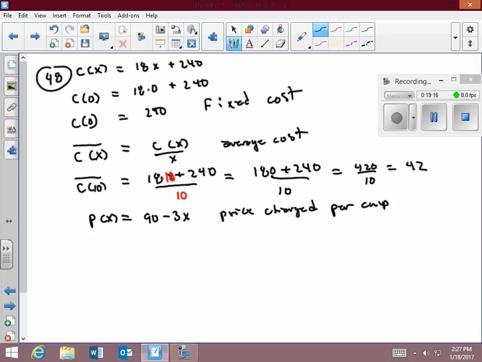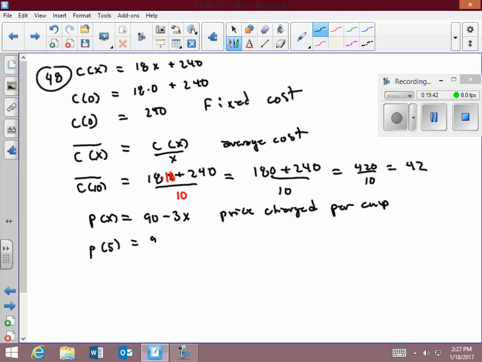So in that sense, if you knew how many you were going to sell, you would know what to price it at. Does that make sense, what I'm saying? So P of 5 says you know that you are going to sell 5 cups.